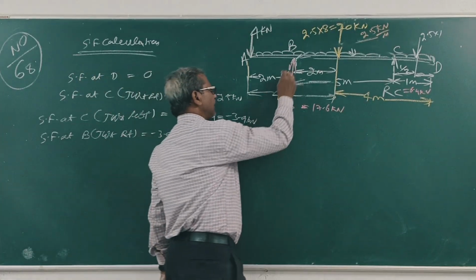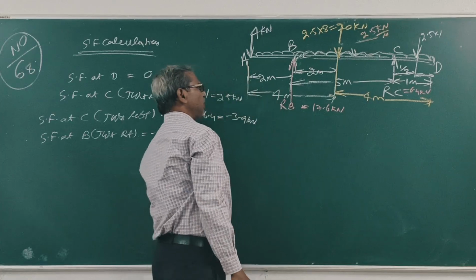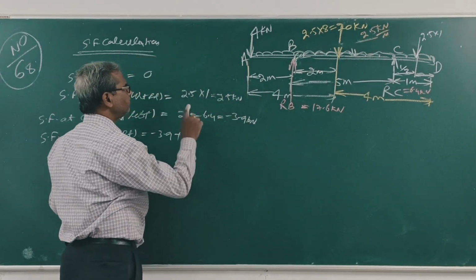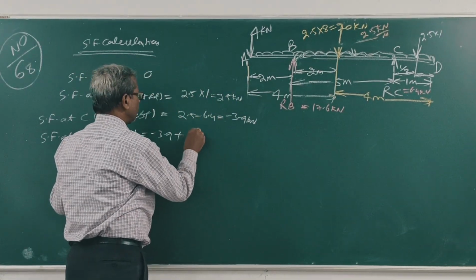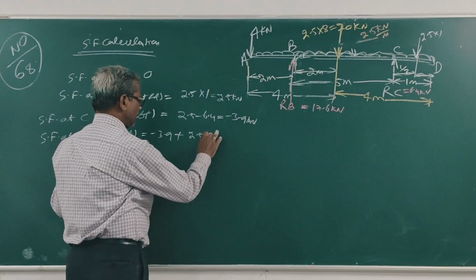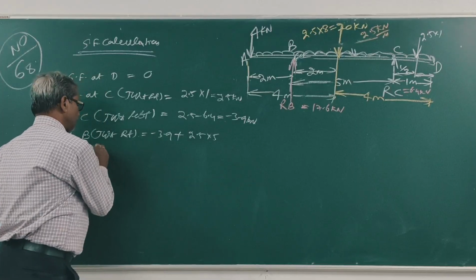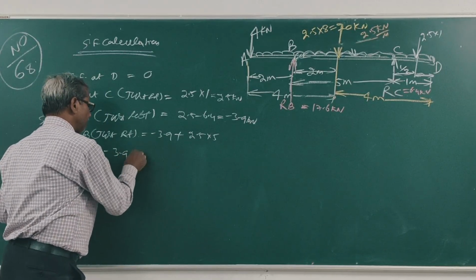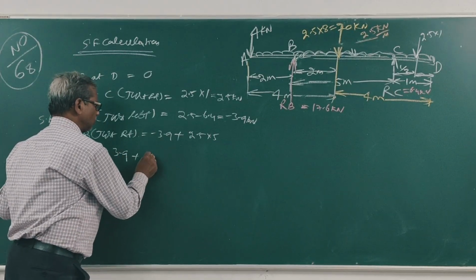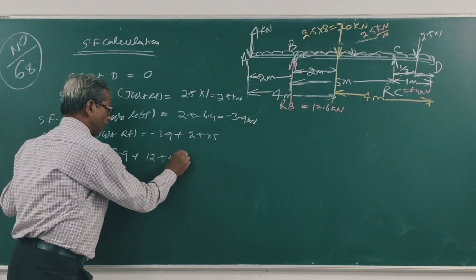Then B just left: minus 21.5 plus this. What is this? 2.5 into 5. 2.5 into 5 is 12.5. Clear?